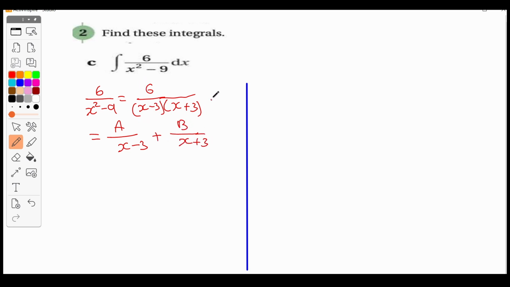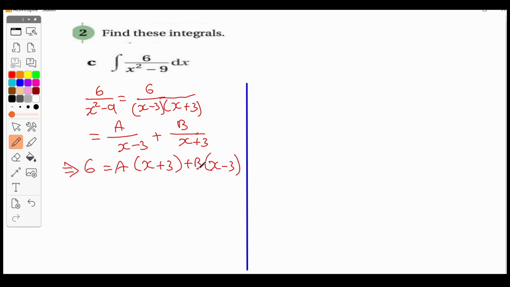If you multiply the left hand side and the right hand side here by this denominator, it will be 6 equals, this denominator will be cancelled, and here you can do cross, a times x plus 3 plus b times x minus 3. Now we need to find the values of a and b.